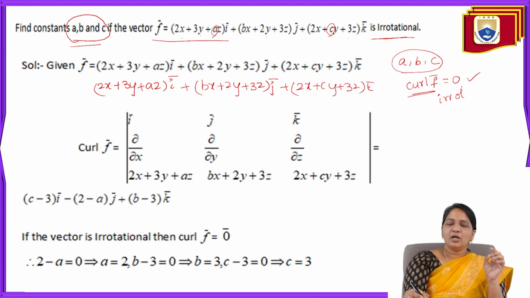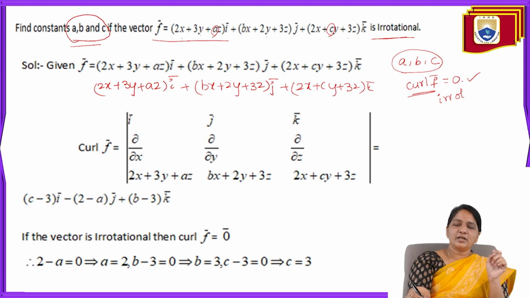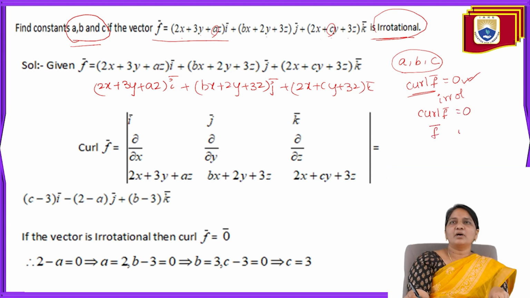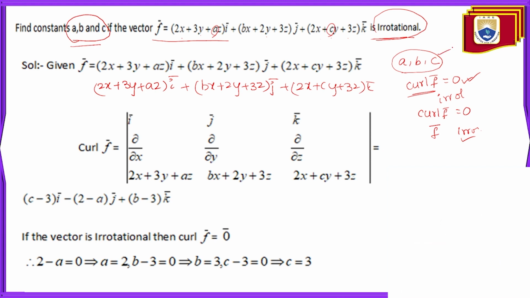According to the given data, curl f bar equals 0. How can we say that curl f bar is 0? In the question itself they say that it is irrotational. What is the meaning of irrotational? If curl f bar equals 0, then f bar is irrotational. Based on this definition, we first find curl f bar, then equate it to 0 to find the a, b, c values.